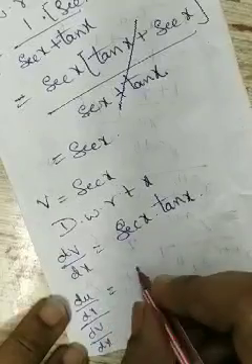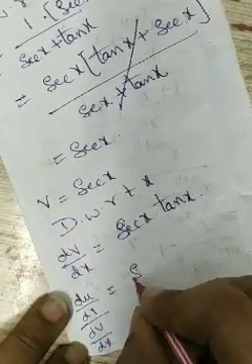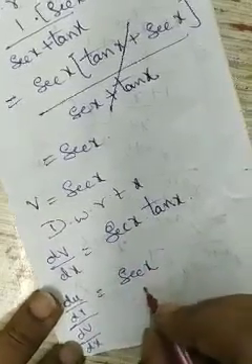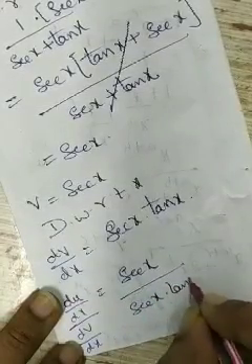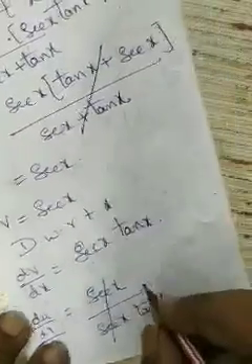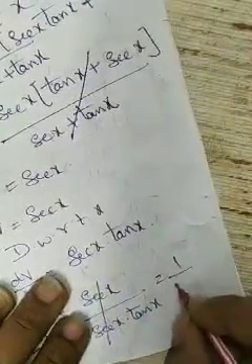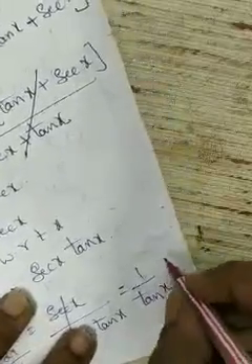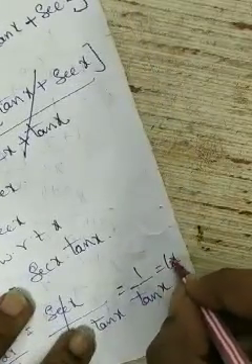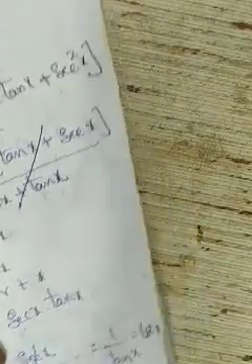What is du by dx? du by dx is secant x divided by secant x into tan x, which is equal to 1 by tan x. 1 by tan x is nothing but cot x.